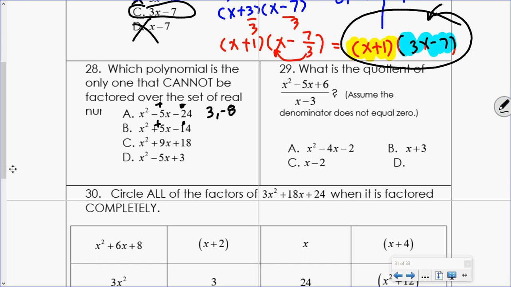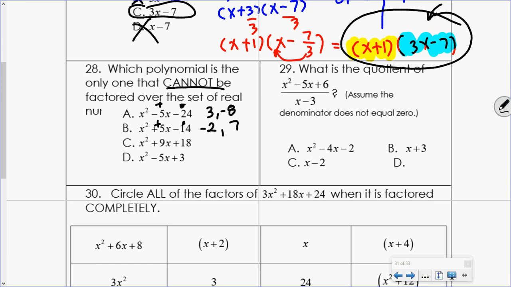I need the bigger number to be positive. So 1 and 14 won't work. Negative 1 and 14 won't work. But 7 and negative 2 do work. So 7 times negative 2 is negative 14, and 7 minus 2 is 5. Number C, we're looking for the ones that cannot be factored, cannot produce factors.